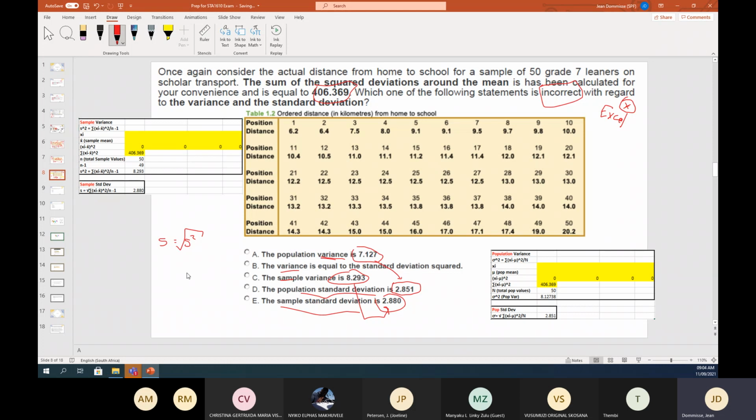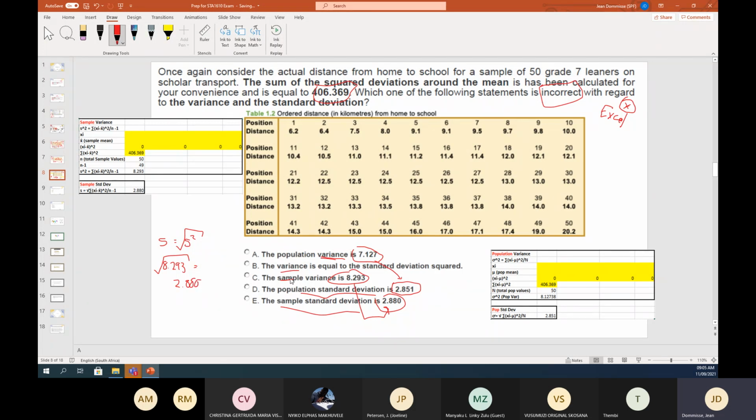So let's look, it is 8.293. So my S needs to be the square root of 8.293. If I get that, it is 2.880 when rounded off.